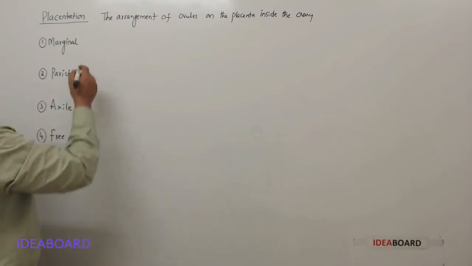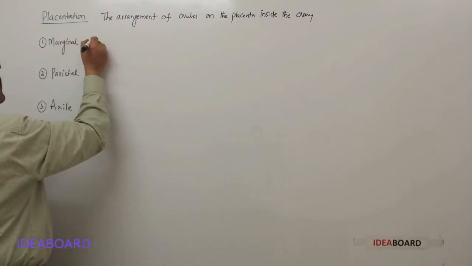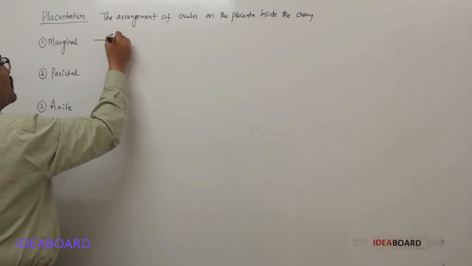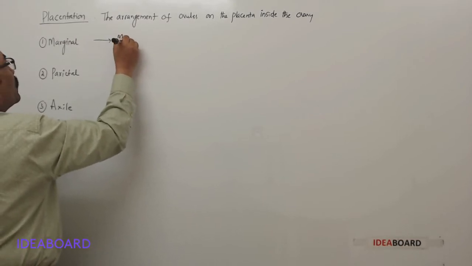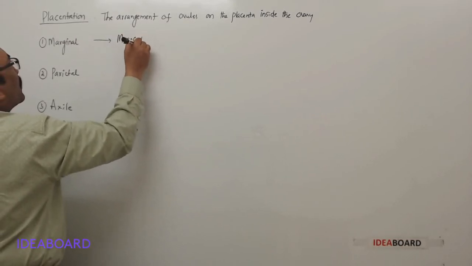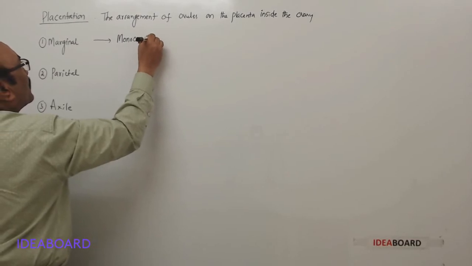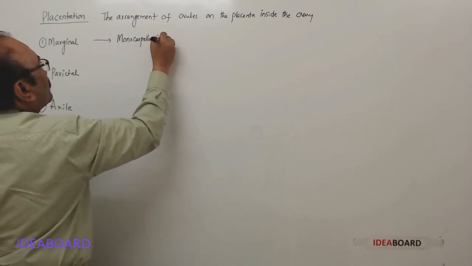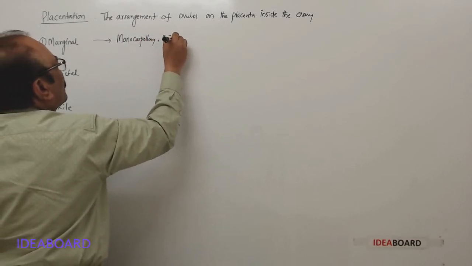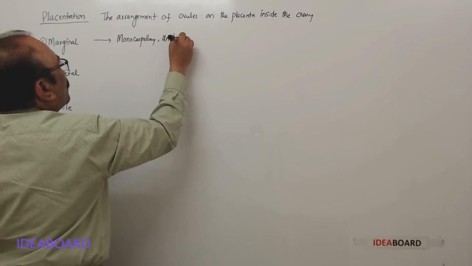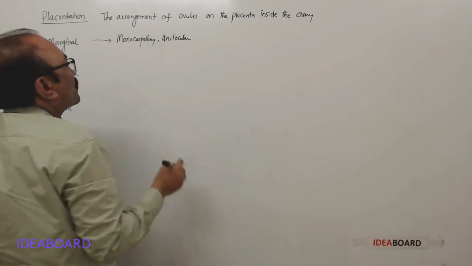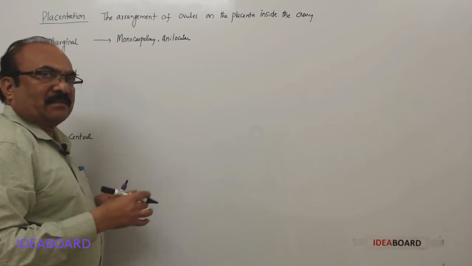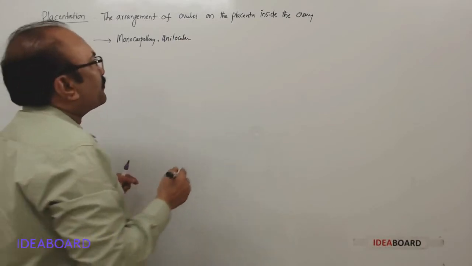One is marginal placentation, and this marginal placentation is generally encountered in monocarpellary unilocular gynoecium, or monocarpellary gynoecium with unilocular ovary with a single chamber.